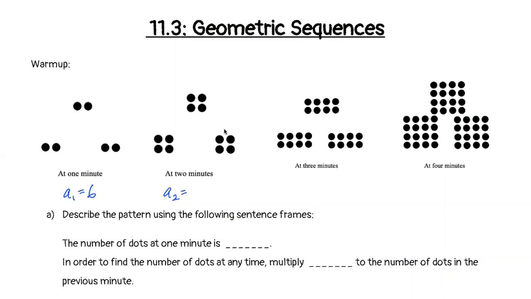Yeah, looks like we have 12. What about a sub 3? How many dots there? And a sub 4? Good. All right. So even from these numbers, 6, 12, 24, 48, I think we can tell a few things.